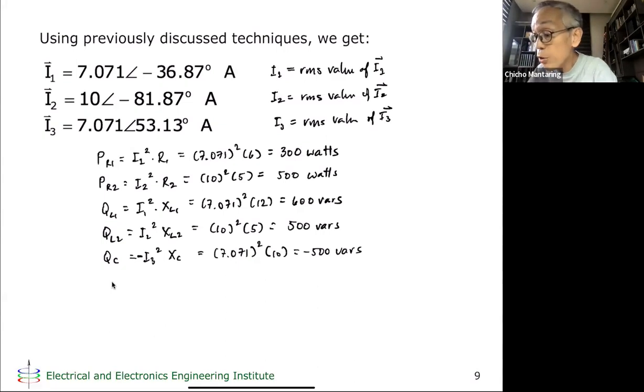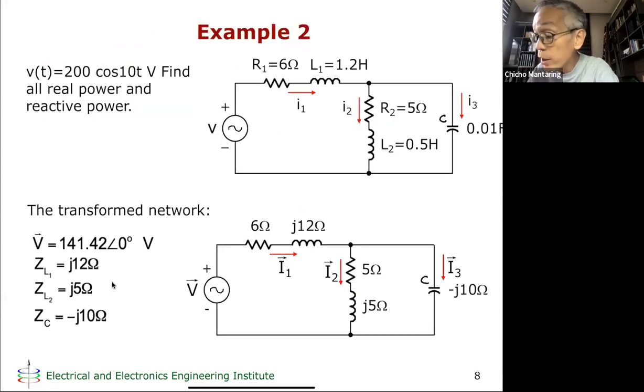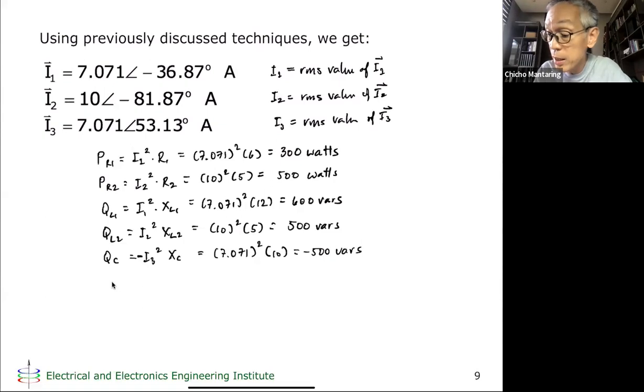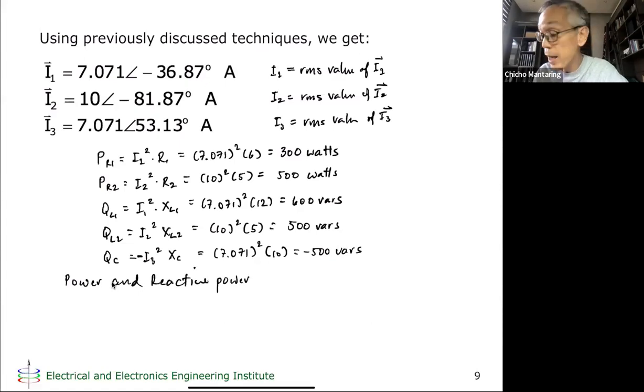So we now know the real power or reactive power delivered to all of the elements. What about the source? The power and reactive power associated with the source, you can use the complex power formula.